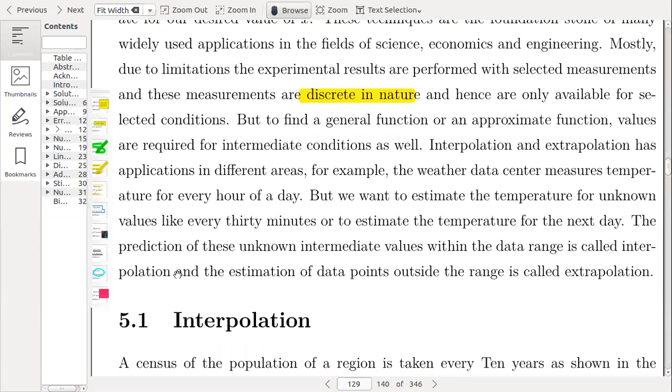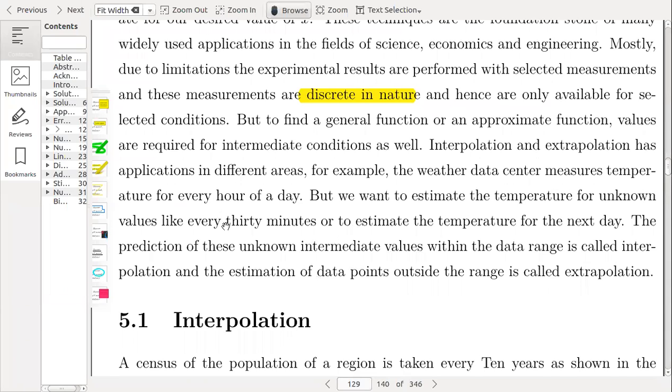Now the prediction of these unknown intermediate values within the data range is called interpolation, and the estimate of data points outside the range is called extrapolation.